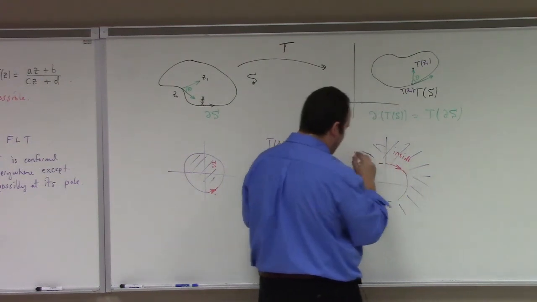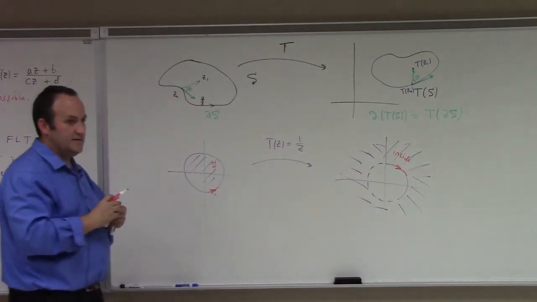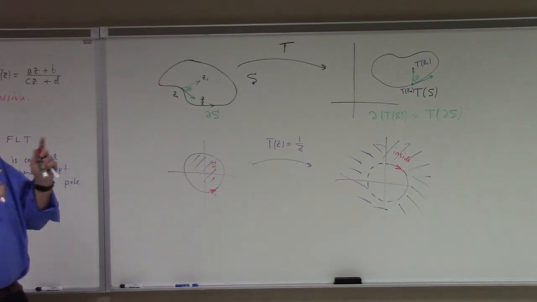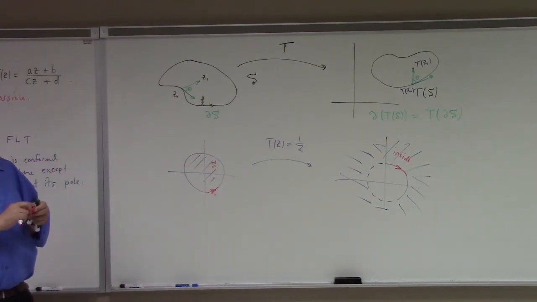Clockwise is the positive orientation for that region because as you go around the boundary, the region's on your left. So clockwise is the proper orientation for a hole, whereas counterclockwise is for an edge in the plane.